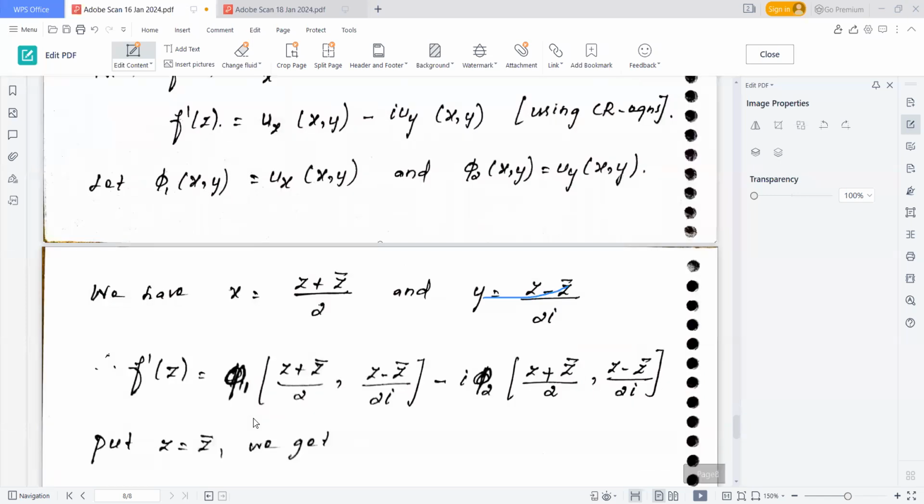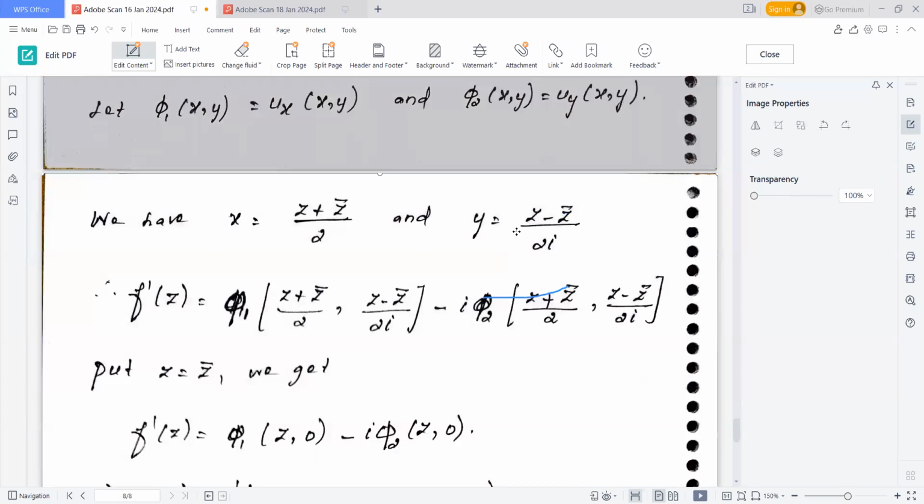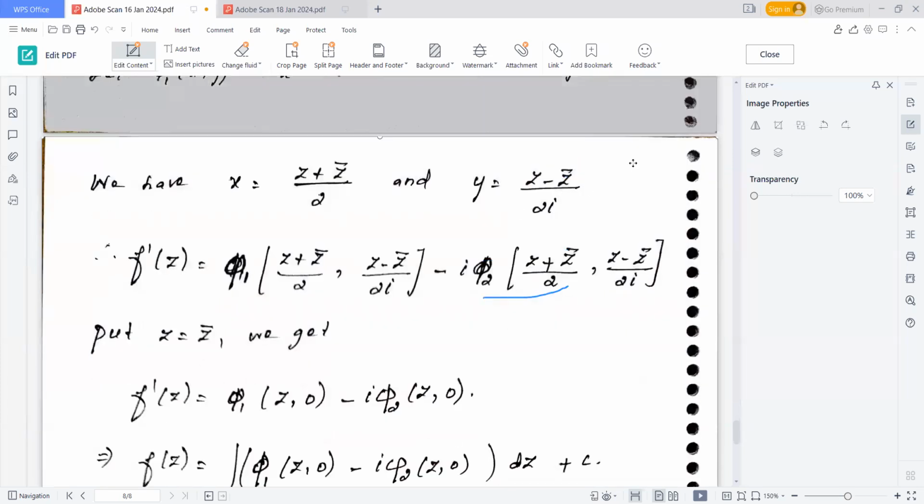That is, x equals z plus z bar by 2 and y equals z minus z bar by 2. So in the place of x and y, we are replacing with z plus z bar by 2 and z minus z bar by 2.